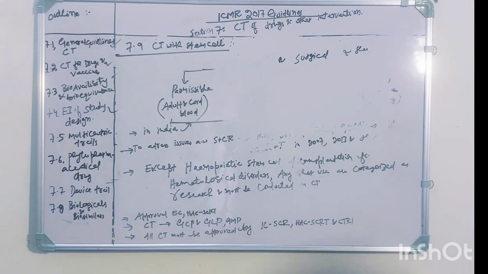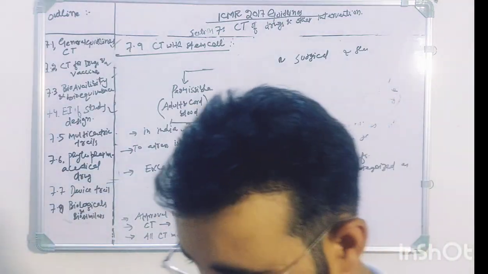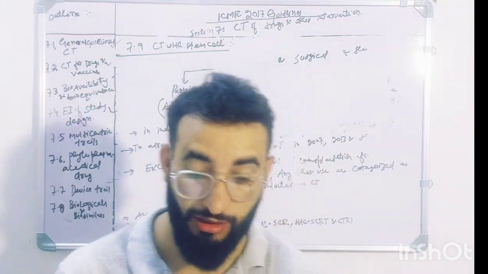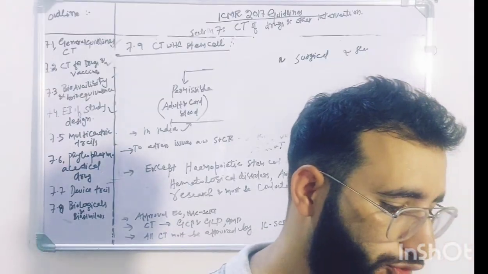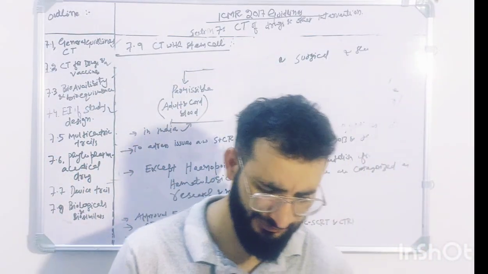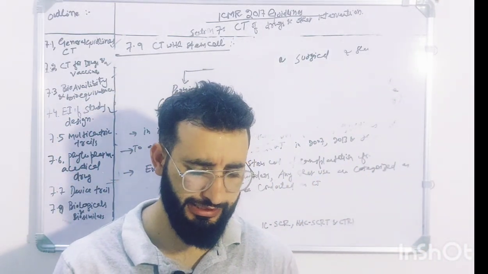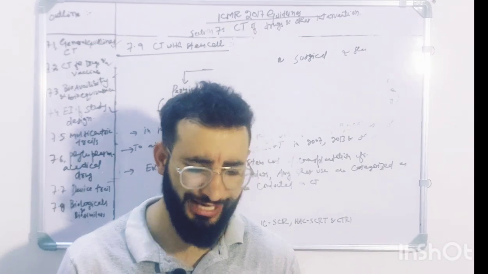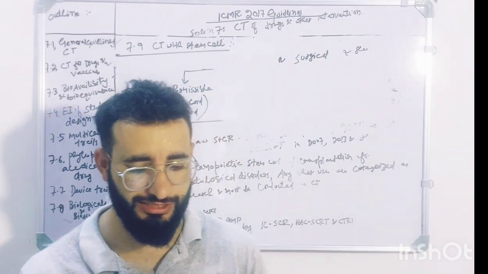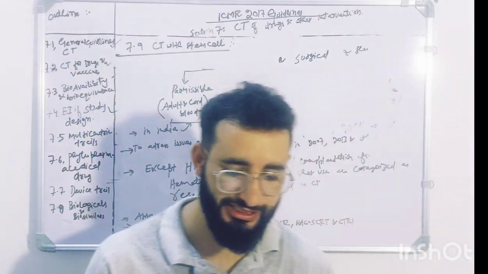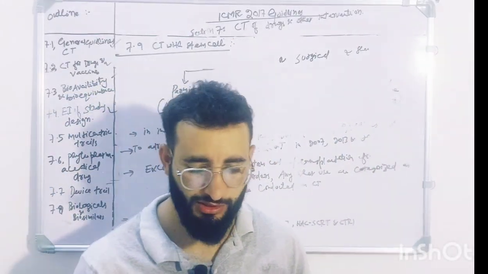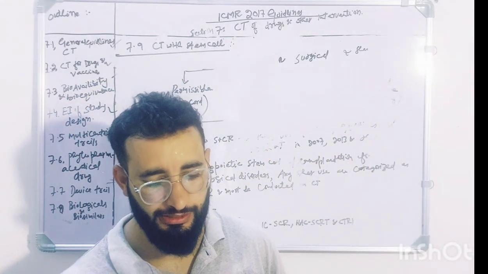Next, after surgical interventions, they have discussed community trials, that is, public health interventions. Community trials are studies involving whole communities, conducted to evaluate preventive strategies like mass drug administration trials and fortification of food studies.